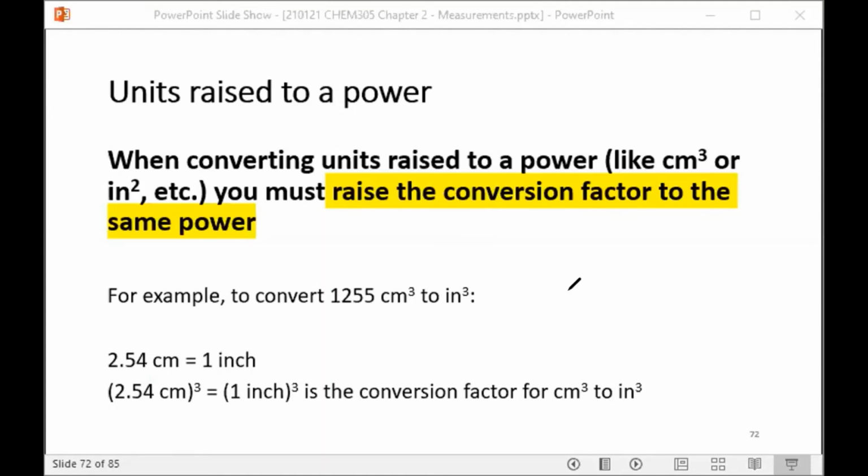And I'm just going to open up what's called a whiteboard quick so I don't run out of space like I did last time. Okay, so we were wanting to go from 1,255 cubic centimeters to cubic inches in this problem.